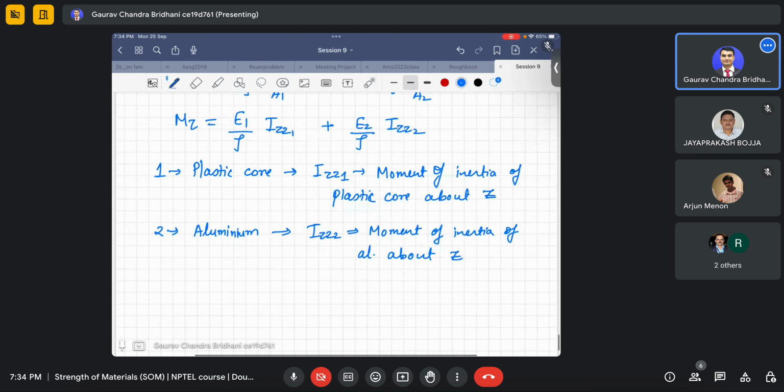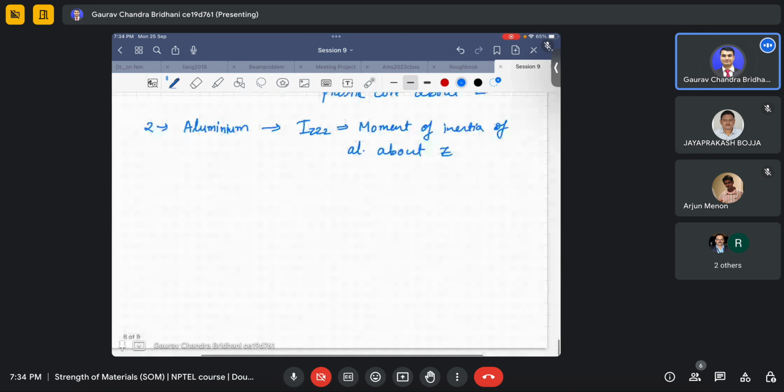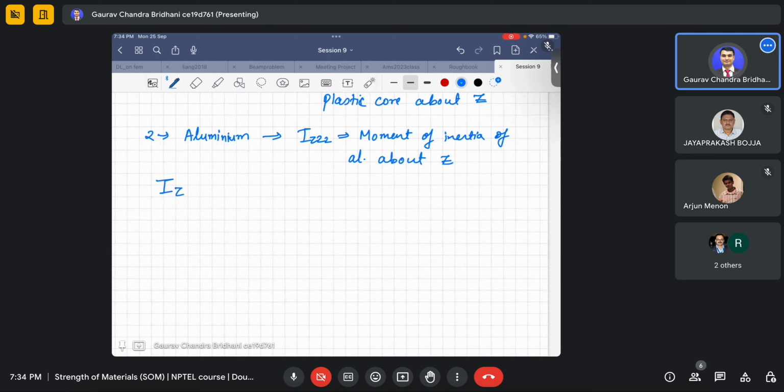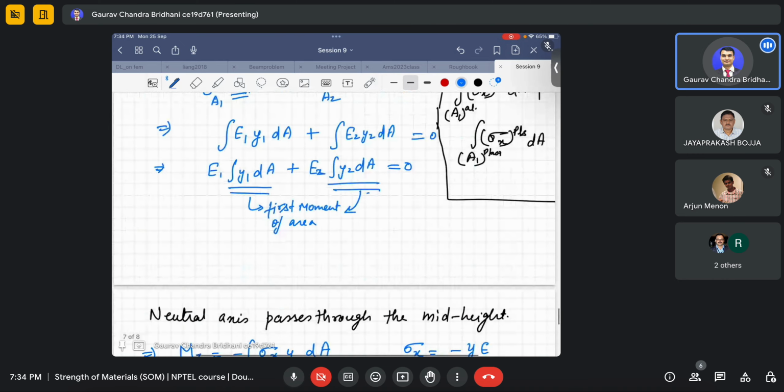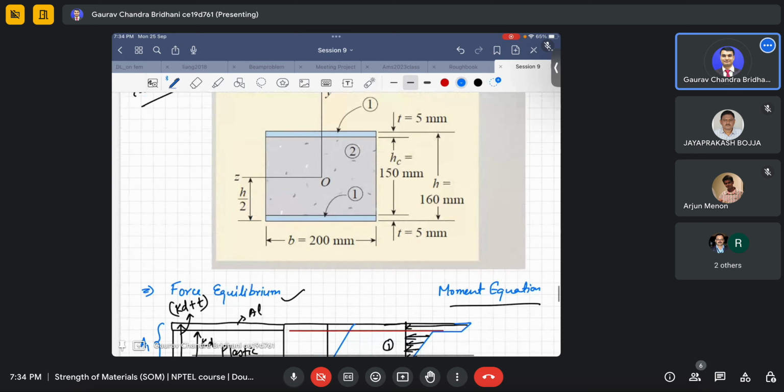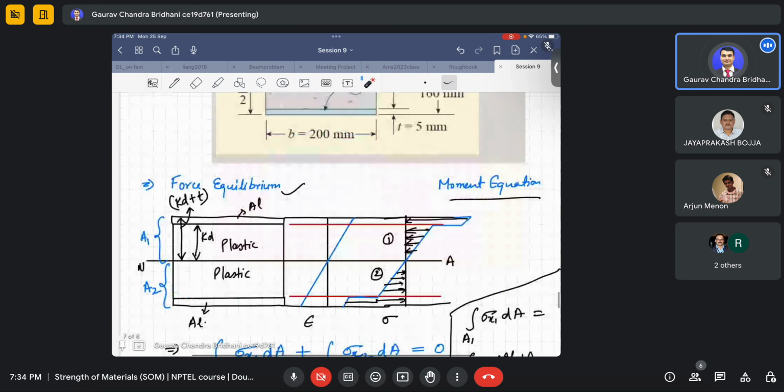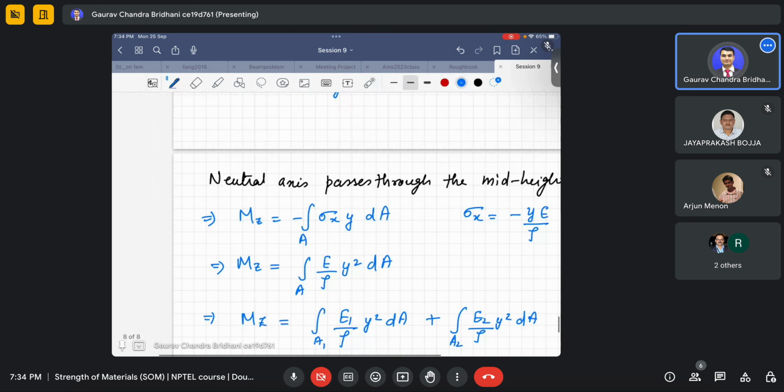This is mz. Let's find IZZ1. In the question, the core's dimensions are given to us. Width is 200, depth is 150. Okay, let's find that.